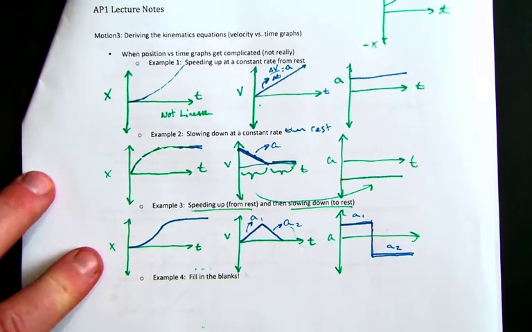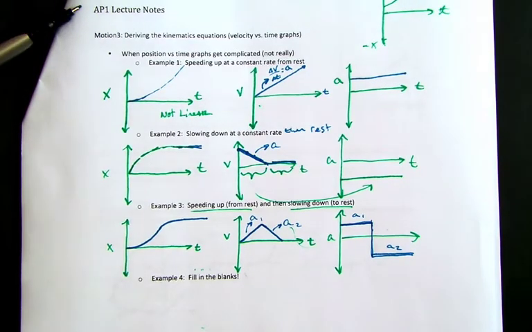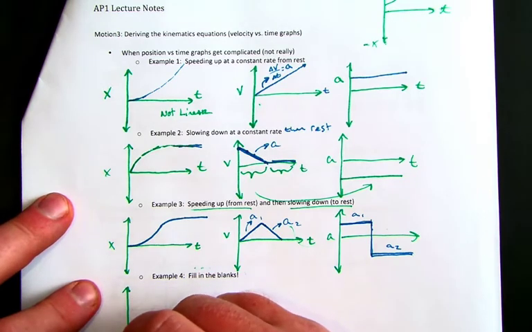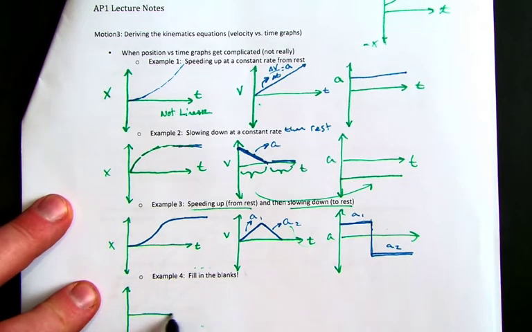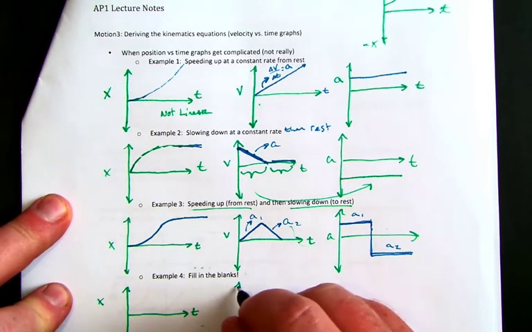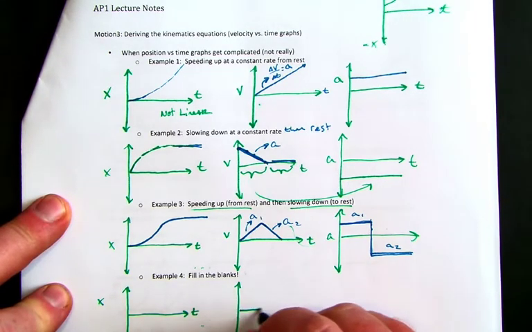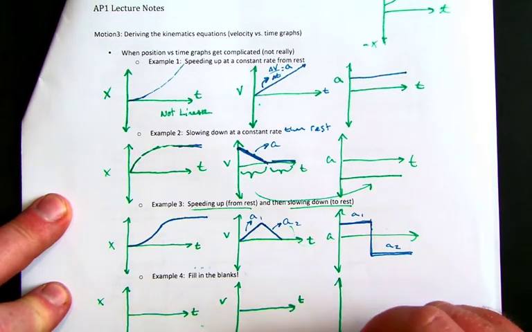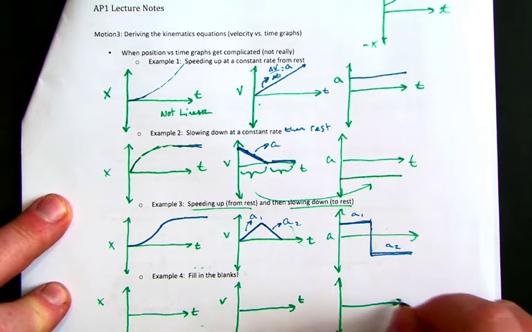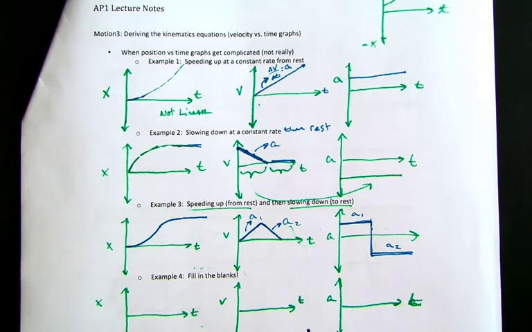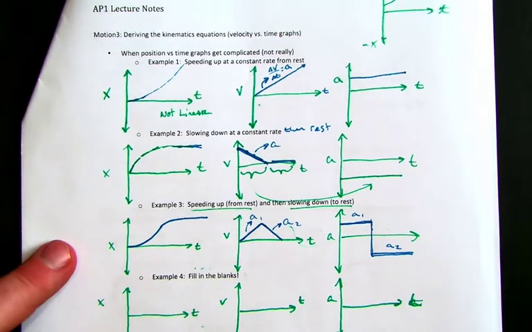Okay? Now, example 4. So on a test, and on the AP exam, what you should totally be prepared to do is if they give you any kind of situation, they might give you 3 blank graphs. Oh, that's T, that's A. So they might give you 2 graphs that are blank and one that has something filled in.